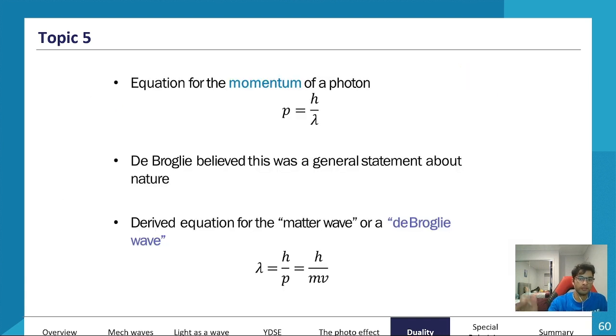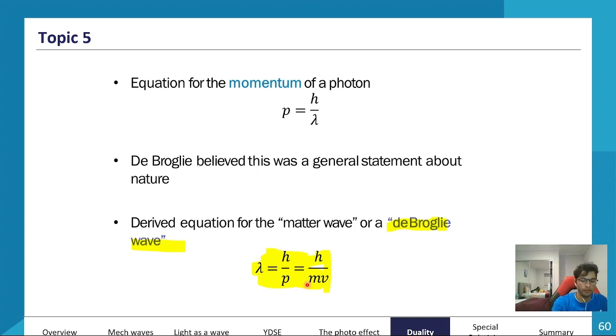And so this essentially proves that mass has a wavelength, and this wavelength is called the de Broglie wavelength, because this formula was derived by some guy named de Broglie. And so we get this: wavelength is equal to h divided by mv, where mv is just momentum.